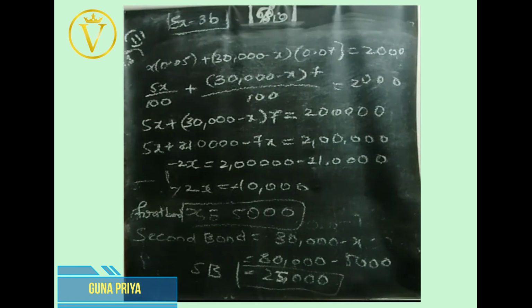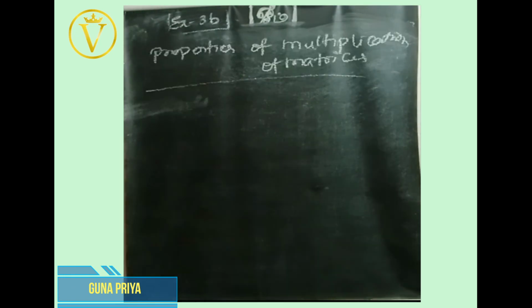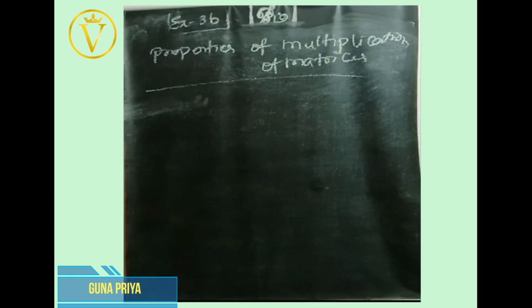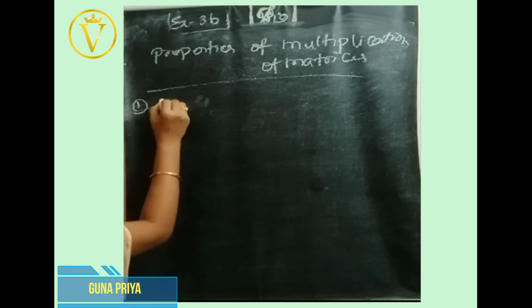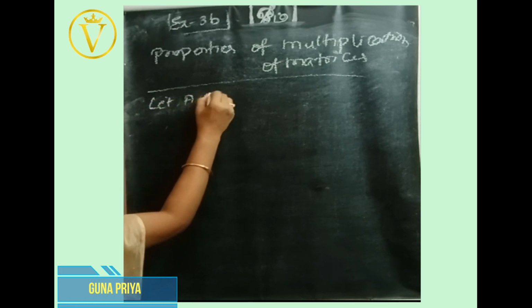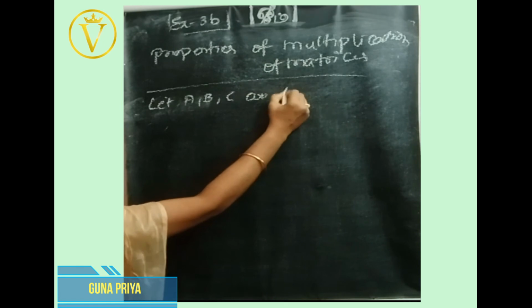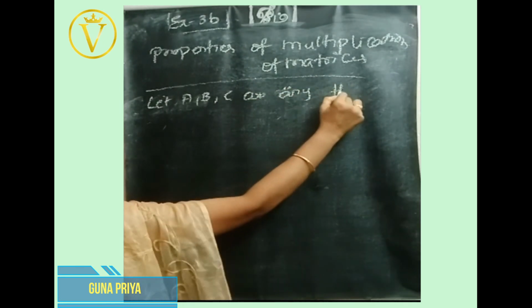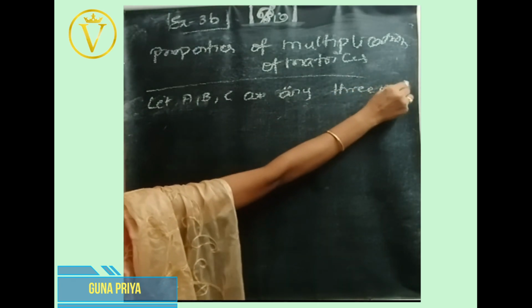Now we will see the properties of multiplication. In the previous section, we learned the properties for scalar multiplication. Scalar means a number is multiplied with the matrix. But the properties here are for two matrices. Okay. First, let A, B, C be any three matrices.